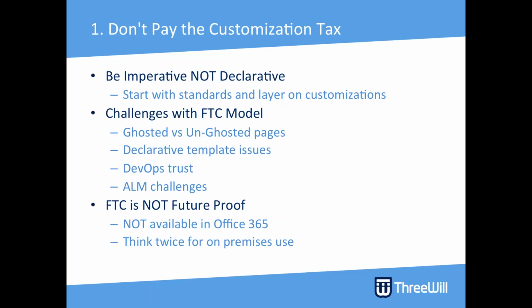The other big thing is the full trust code model is not future-proof. So to the extent that it can be, CAM is going to protect you from trying to future-proof an app from Microsoft pulling a feature or obsolescing an API call. It's not available in Office 365.